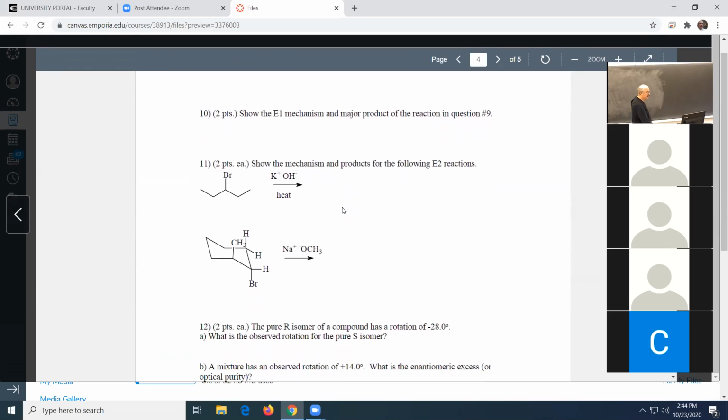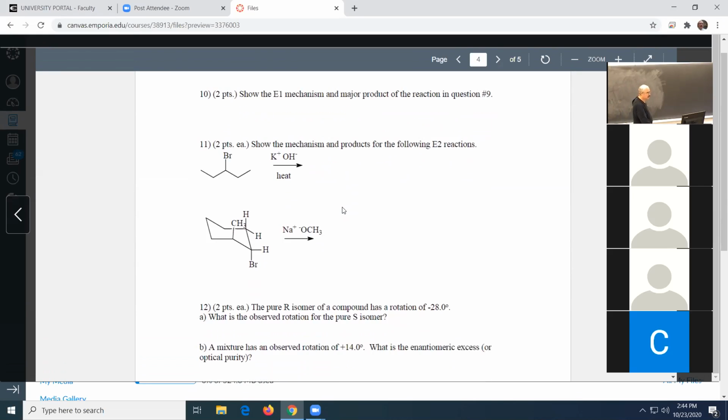Okay, then we have a couple of E2 reactions. Okay, so we want to look for the beta hydrogens. Okay, there's 2 here and 2 here.